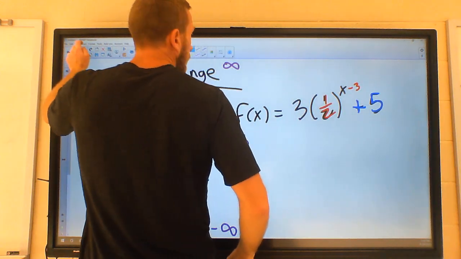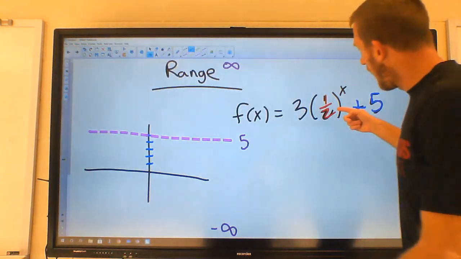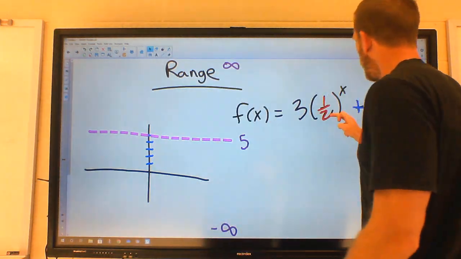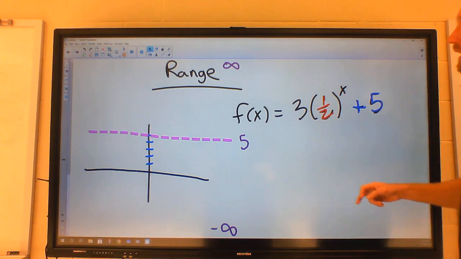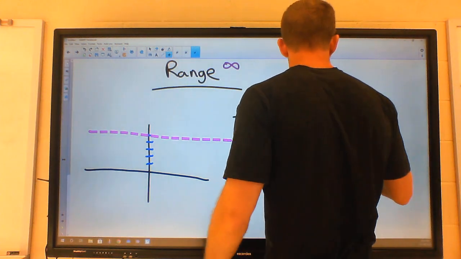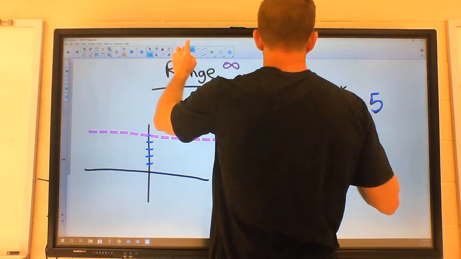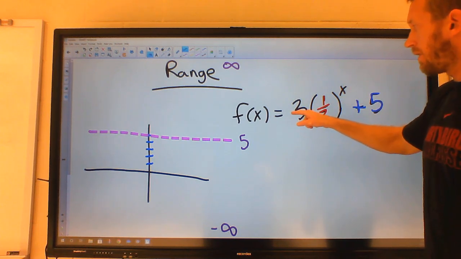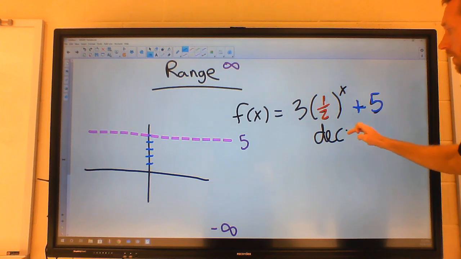So 1/2 is our base. X is our exponent. It's positive. So we've got a decay base. Nothing changes there. Nothing flips. And we've got no negatives there. So this is a decay problem.